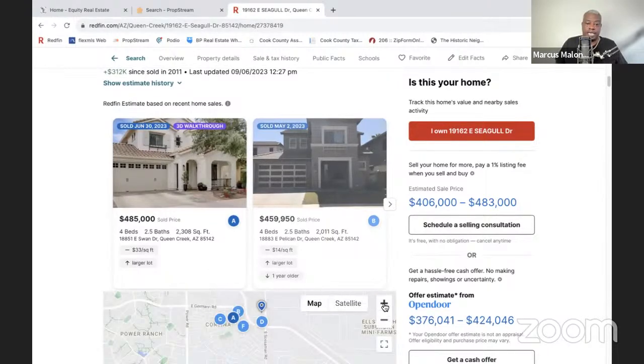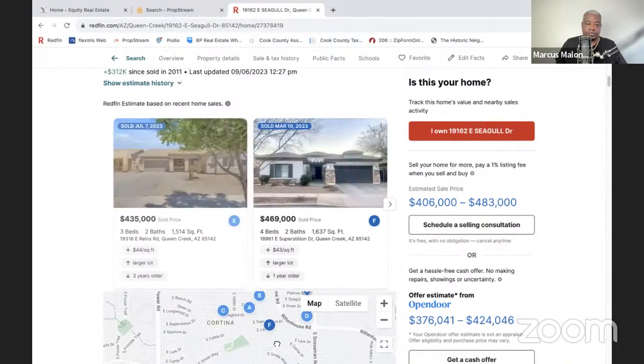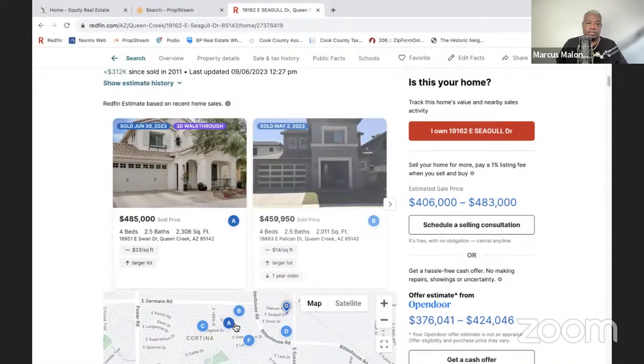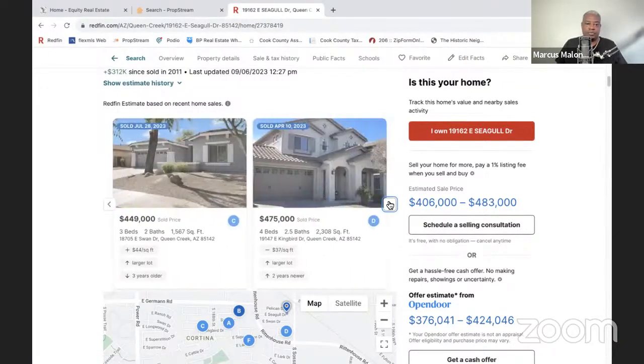So same area. You do cross a major street here, but you're looking at 4 bedrooms, 2.5 baths, 2,300 square feet. Can't use that. This is 2,000 square feet. Can't really use this one too much. 1,500 square feet.